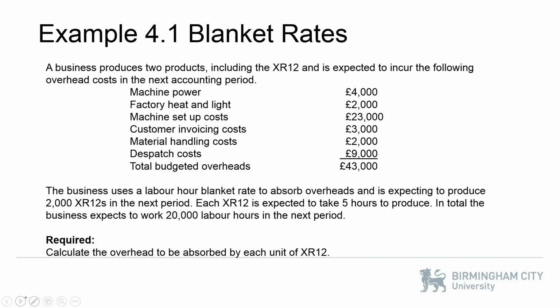So a business produces 2 products, including the XR12, and it's expected to incur the following overhead costs in the next accounting period. So that tells us that these are budgeted figures. It's what we're expecting to incur. So it's a budget.